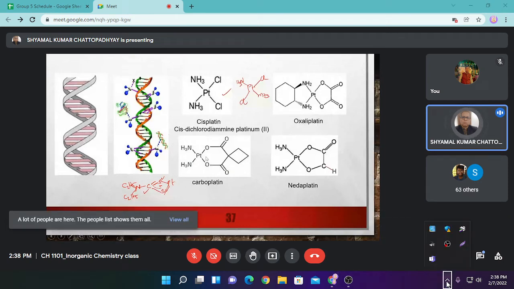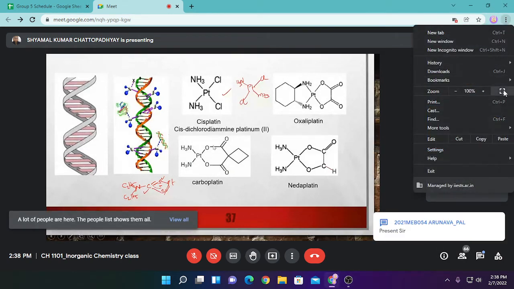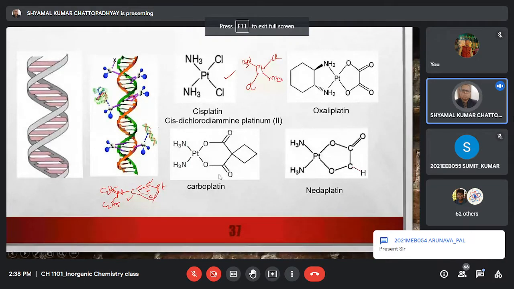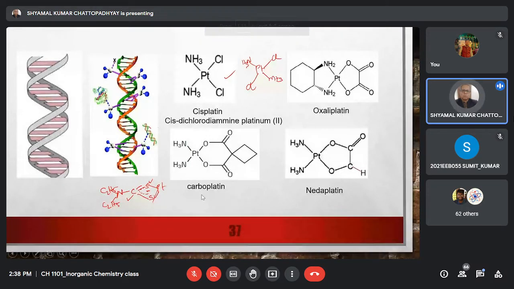This platinum compound is normally known as carboplatin.